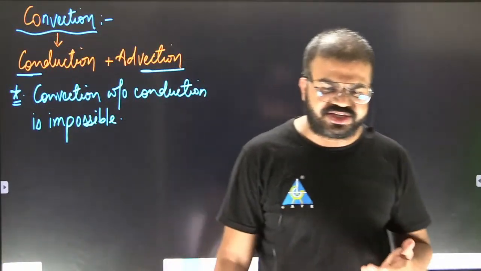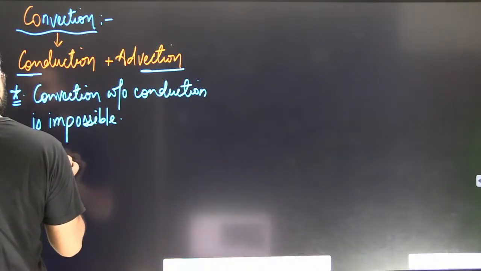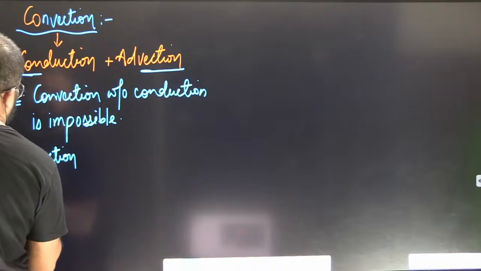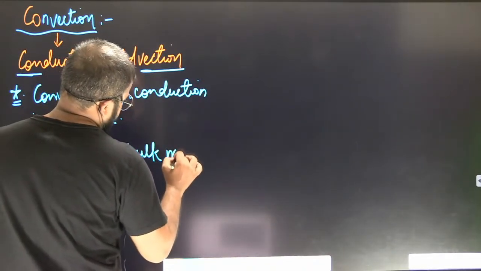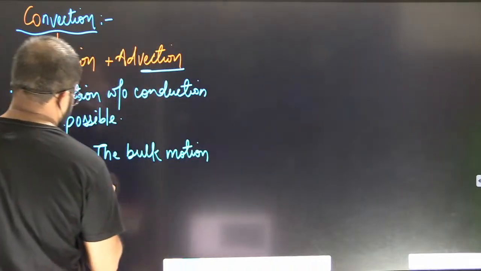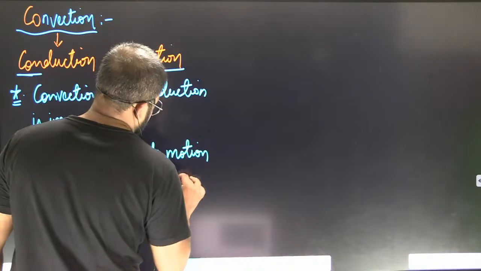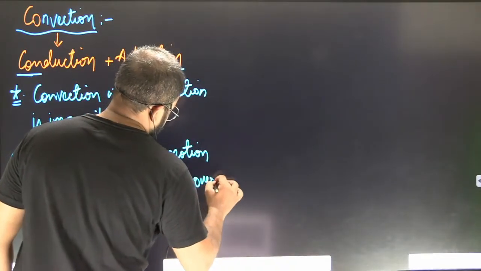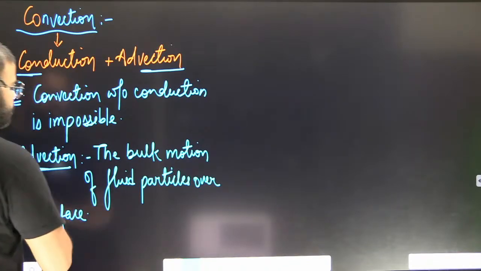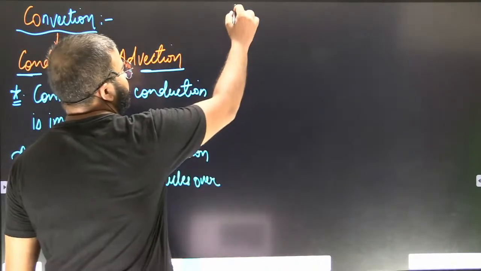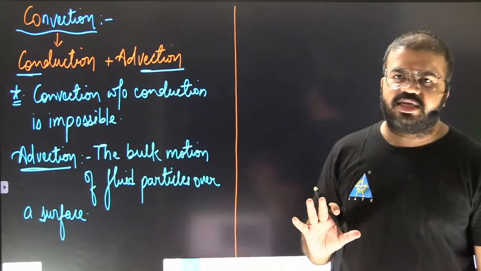Now what is advection? Advection is the bulk motion of fluid particles over a surface. This bulk motion is very much mandatory.